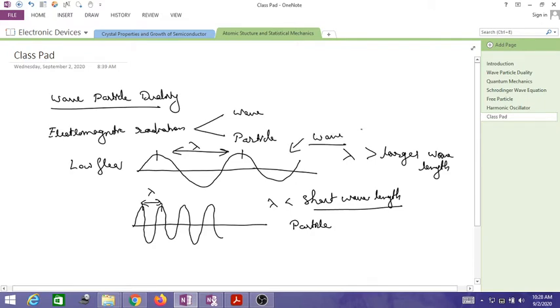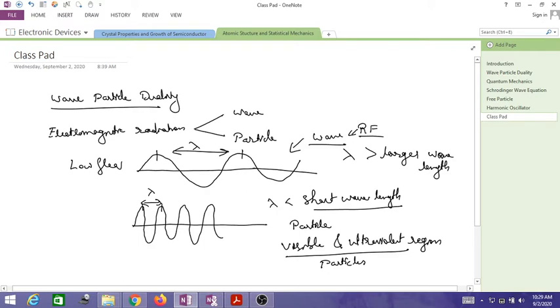So basically in the radio frequency range of the spectrum, we can consider electromagnetic radiation as waves, whereas the visible light frequencies, which are very high, and the ultraviolet region of the spectrum, we can say act as particles.